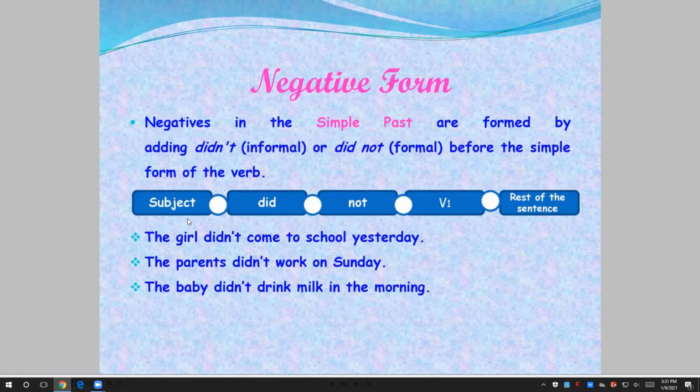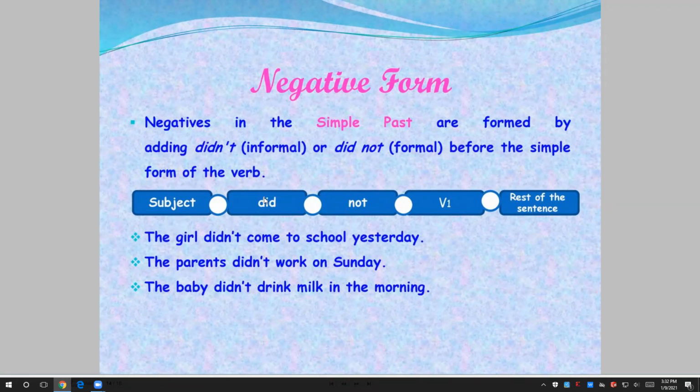So when you want to make negative form with regular and irregular verbs, negatives in the simple past are formed by adding didn't, informal, or did not, formal, before the simple form of the verb. So subject and then did not, then first form of the verb, and then the rest of the sentence.